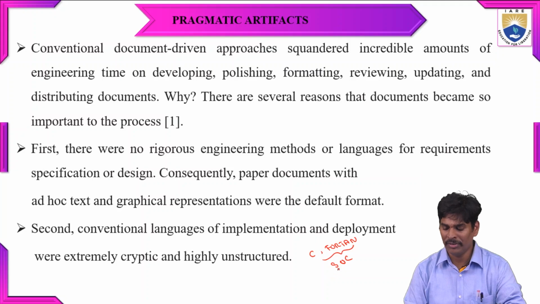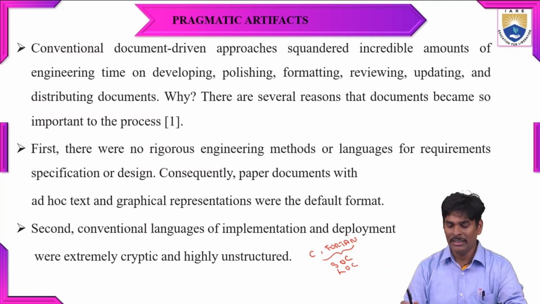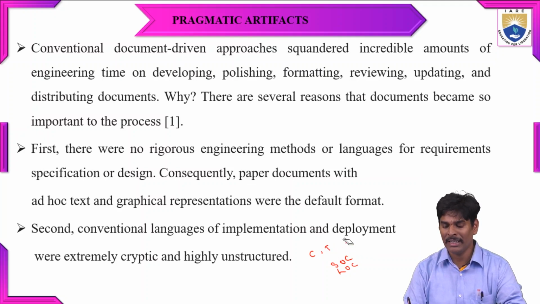In C and Fortran, there will be a larger number of source lines of code. That's why they need to choose a proper conventional programming language for implementing the code in the project, as well as the deployment that is extremely cryptic as well as highly unstructured.